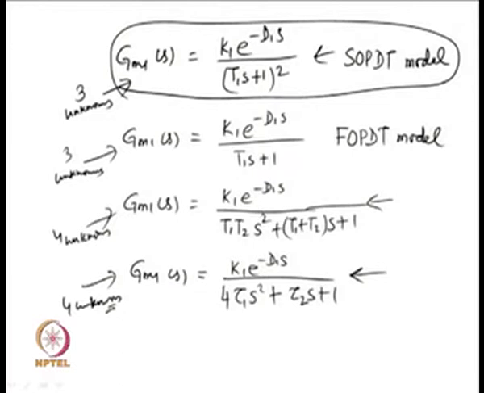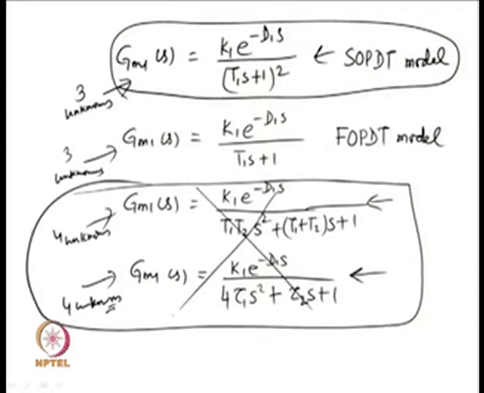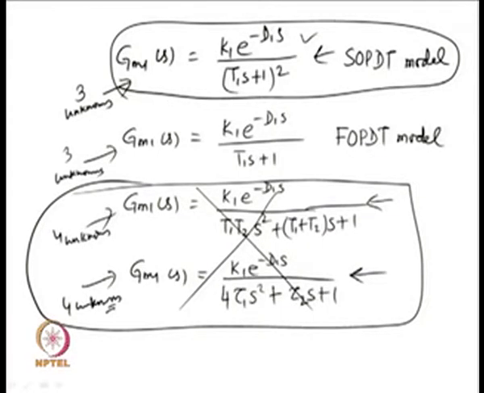Since the last 2 transfer function models have more unknowns, I am not using those in our analysis. The first order plus dead time model has got 3 unknowns, whereas the second order plus dead time model of this form also has got 3 unknowns. So, why not use the higher order transfer function model that can replicate the dynamics of many practical systems. Okay. That is the benefit we get from this second order plus dead time model, and that is why I am going to use this transfer function model in our analysis.